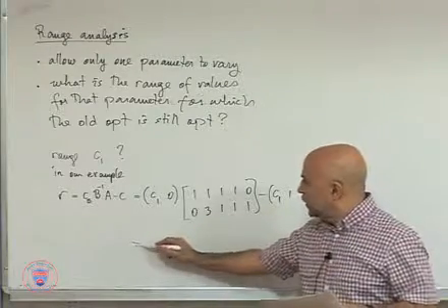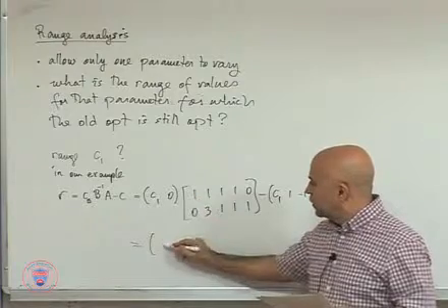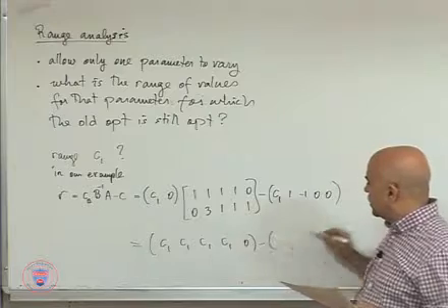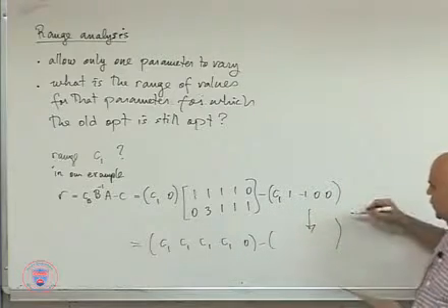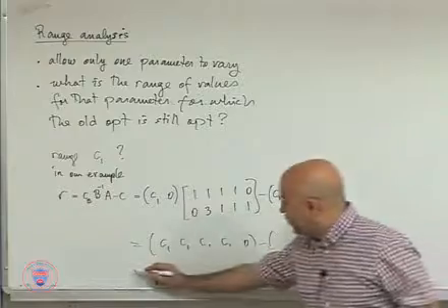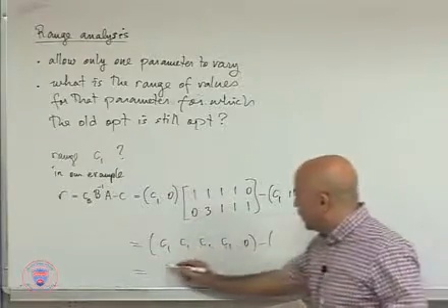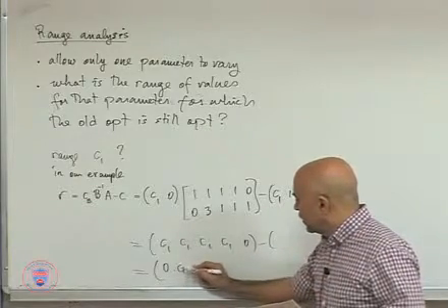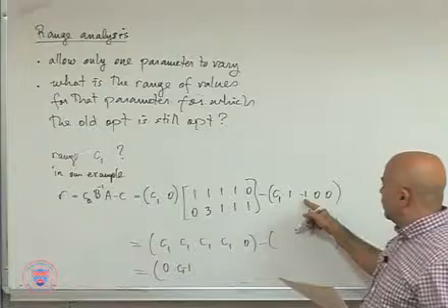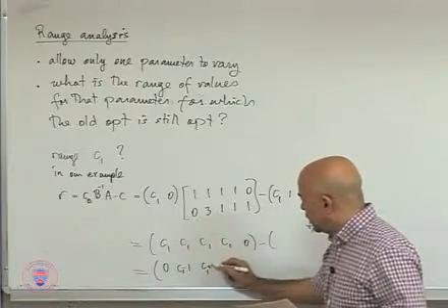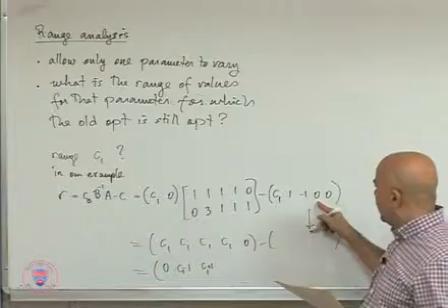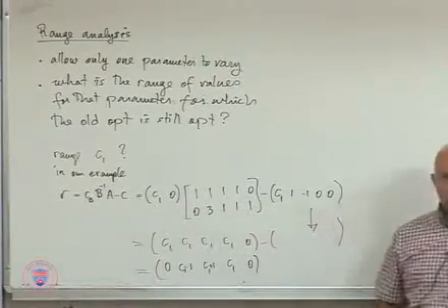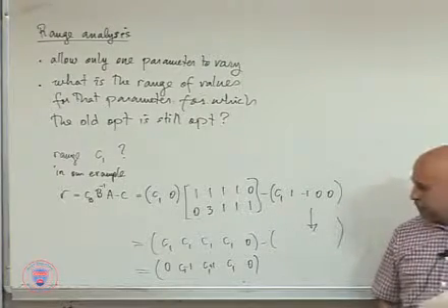And when you multiply them out, you get C1, C1, C1, C1, 0 minus this, which gives you C1 minus C1 is 0, C1 minus 1, C1 plus 1, C1 minus 0, so it's C1, and then 0. So you get this reduced cost vector.